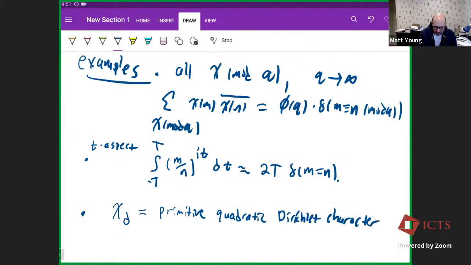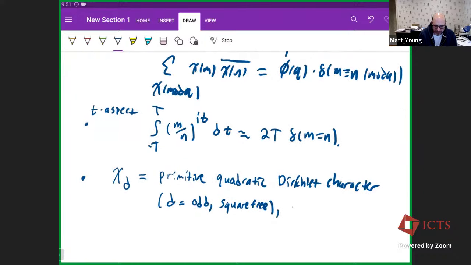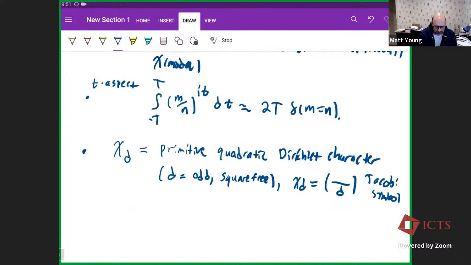Think of d as odd and square free, and then chi d would be the Jacobi symbol. Then you could look at averaging over these integers up to x. The d's mean we're running over the primitive quadratic characters, which you might think of as just the odd square free integers. So we would need m over d times n over d.